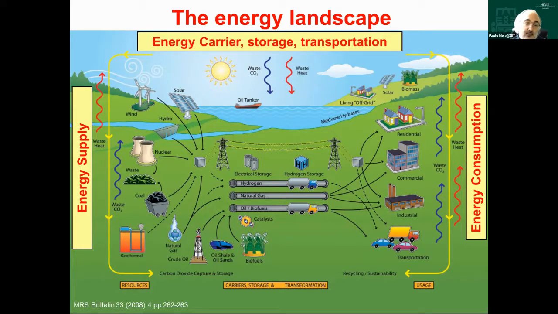So we can find in this diagram all the possible energy sources, renewable and non-renewable, and how they are transported and used. So the point is how advanced materials can be inserted in this landscape, and how they can help us to solve the global challenges.